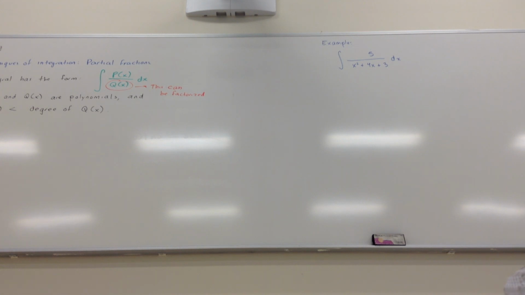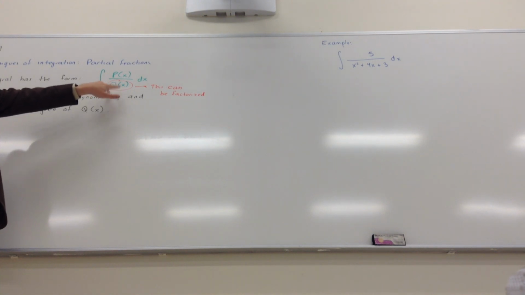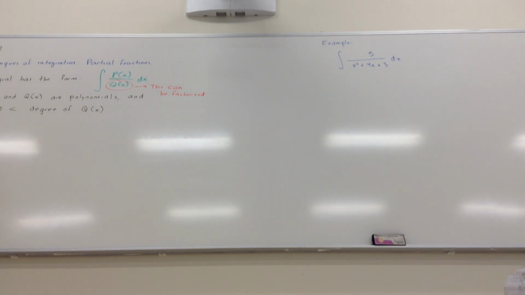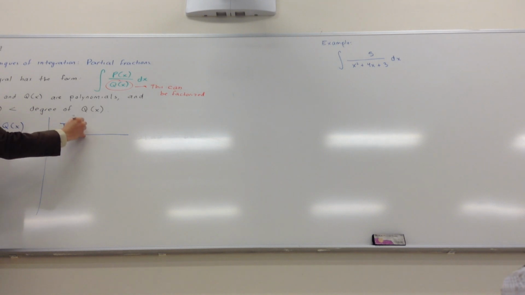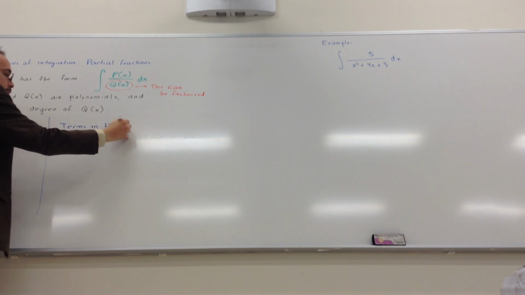Now, when you have a rational function whose denominator can be factorized in linear terms of the form ax plus b, we're going to separate the fraction in terms, so terms in the integral.